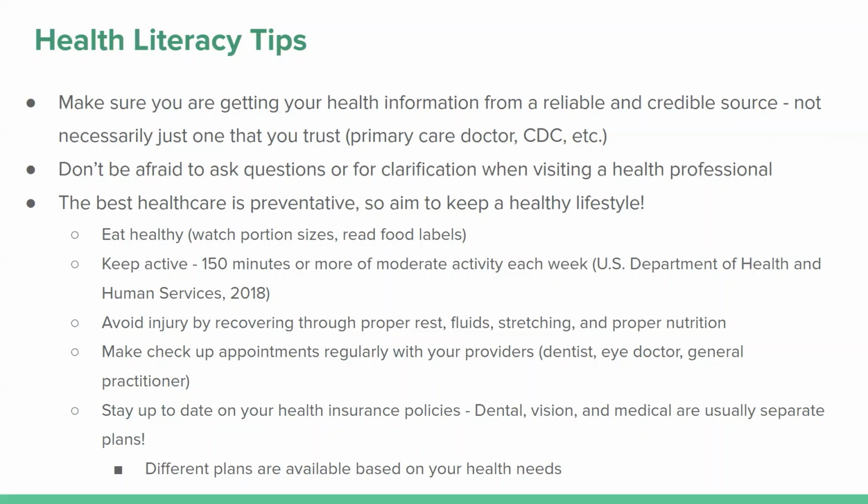The U.S. Department of Health and Human Services advises that most people do 150 minutes or more of moderate to intense physical activity each week. You can obviously do more or less than that. I'm always under the impression that a little bit of movement and activity is better than no movement. So even if you can only do 30 minutes a week, it's better than nothing. But the 150 minutes is a guideline by the U.S. Department of Health.